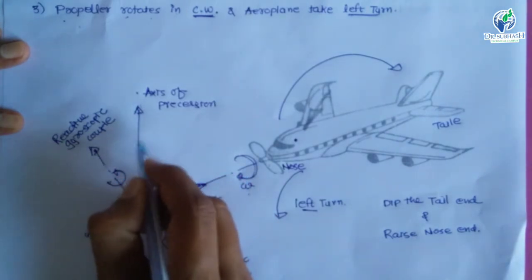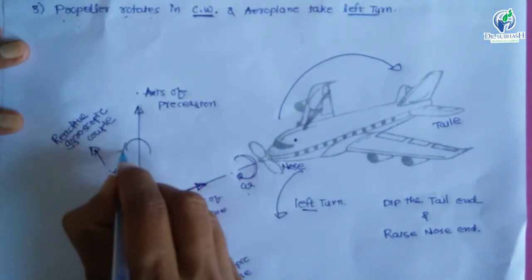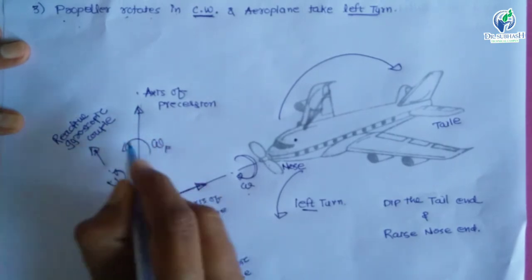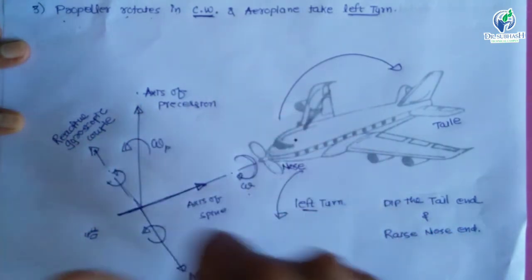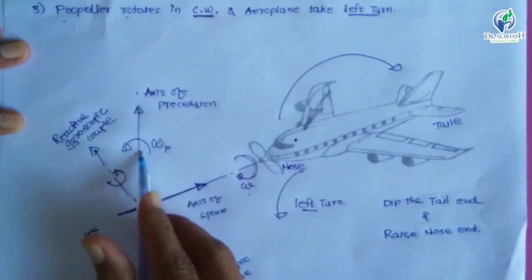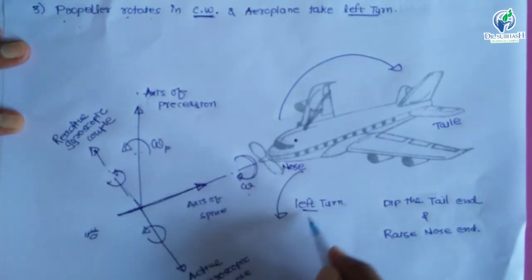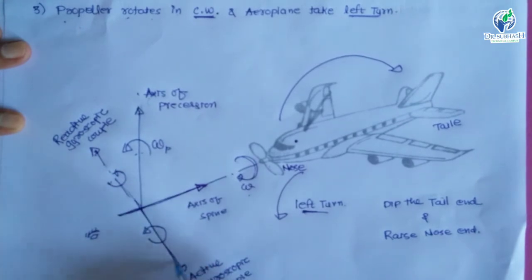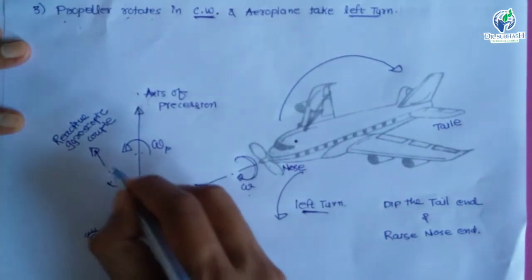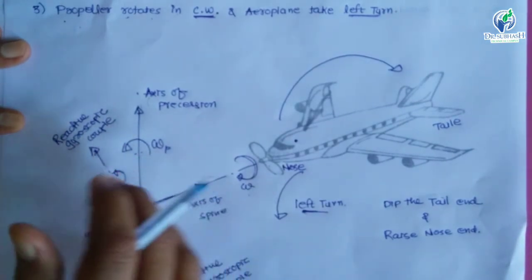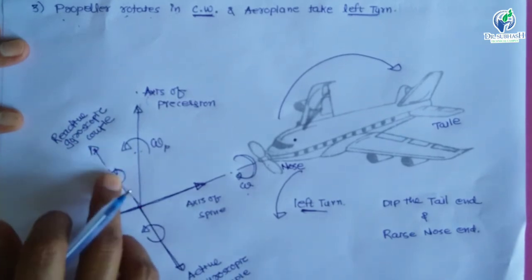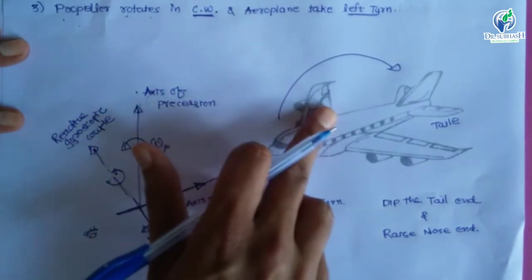Then this is the angular velocity of precession. Because our aeroplane is taking left turn, this is the axis of precession, and that's why this is the active gyroscopic couple, and in this direction this is a reactive gyroscopic couple, and the effect of this reactive gyroscopic couple is transferred here.